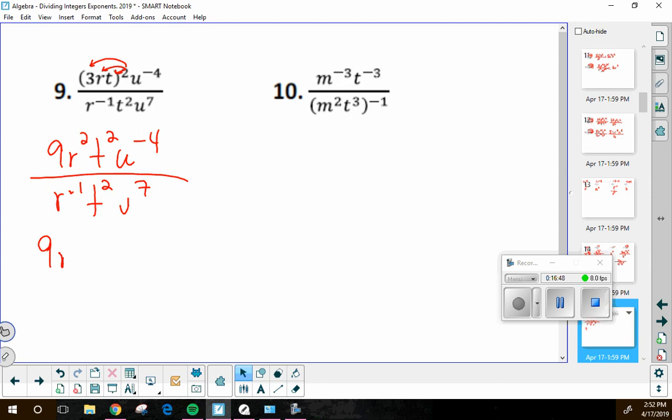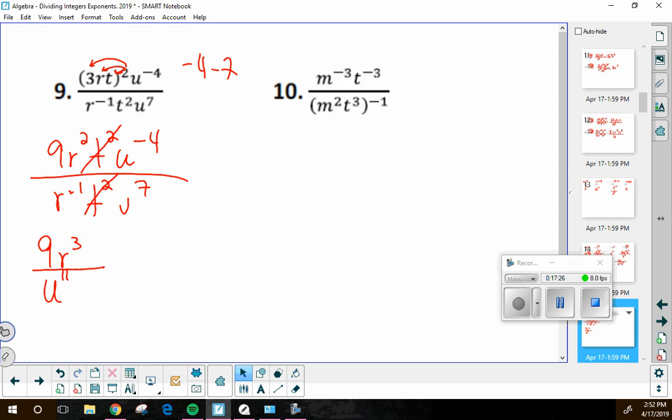So that's going to be on top. R cubed. Ooh! What can I do with this T? You cancel it out. See ya. And then I have negative 4 minus 7. What is negative 4 minus 7? Negative 11. So where's that going? On the bottom. So it makes it a lot easier if you don't move it until it's your last step, because maybe you won't have to. Okay, number 10.